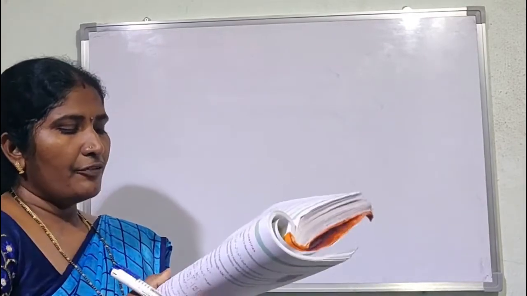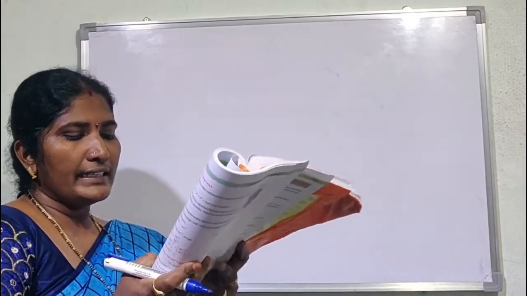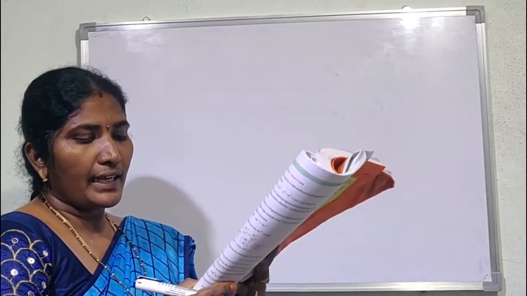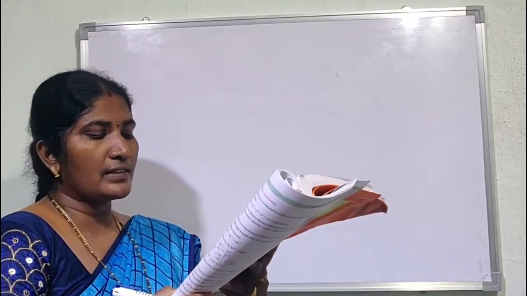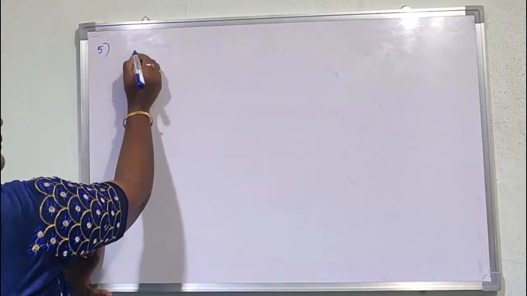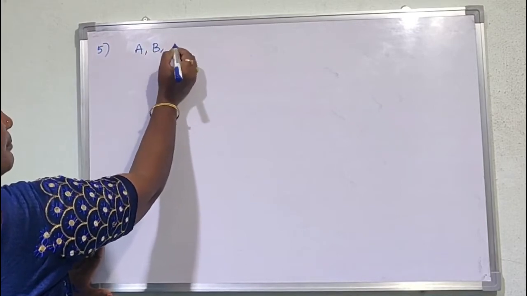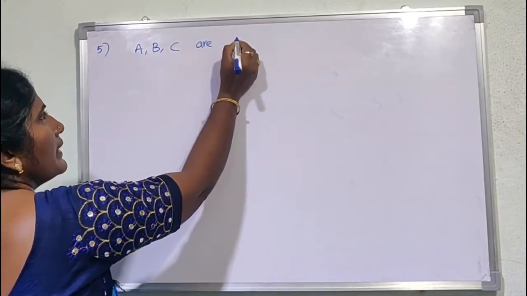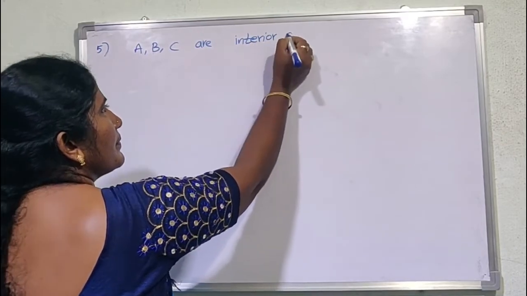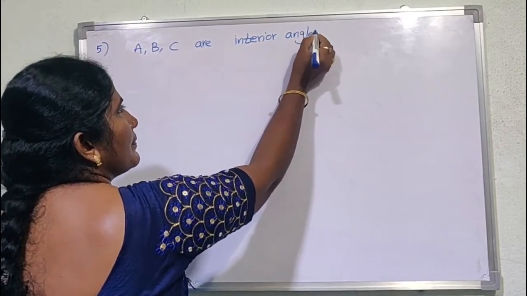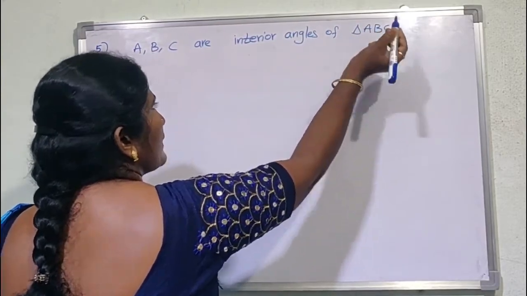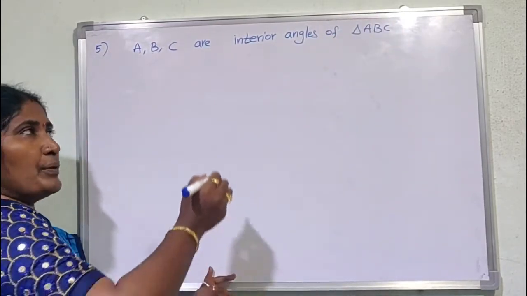Fifth question. If A, B and C are interior angles of a triangle ABC, then show that tan (A plus B) by 2 is equal to cot C by 2. Here they are saying A, B, C are interior angles of triangle ABC. What is the angle sum property?